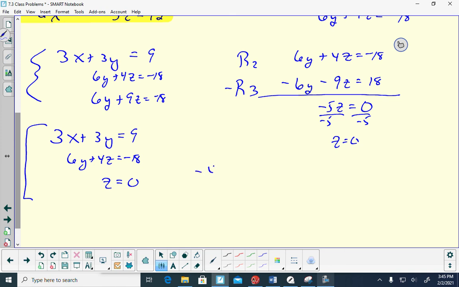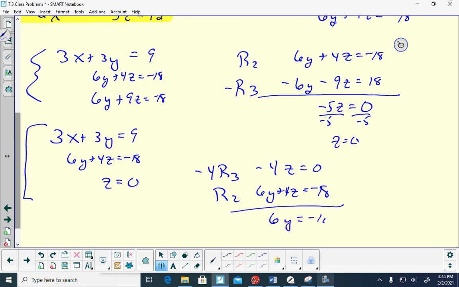So if I take negative 4 times row 3, that would be negative 4z is equal to 0. And then row 2 is 6y plus 4z is equal to negative 18. So 6y is equal to negative 18. Y is equal to negative 3.